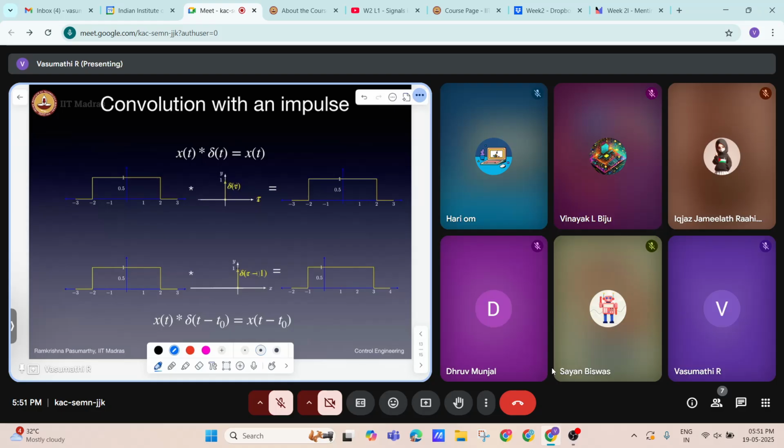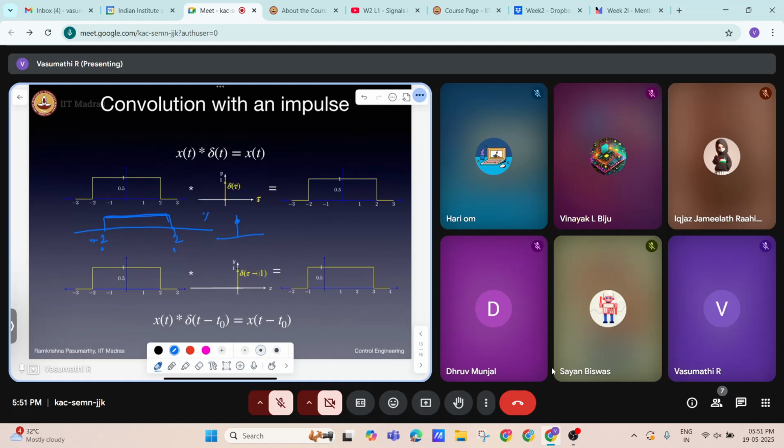If I say this is one signal I have, turned on from -2 to 2, kind of a step signal turned on for some interval, and I have another impulse signal.